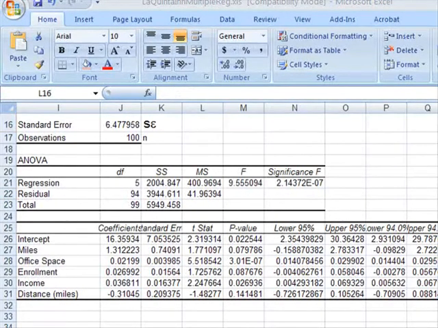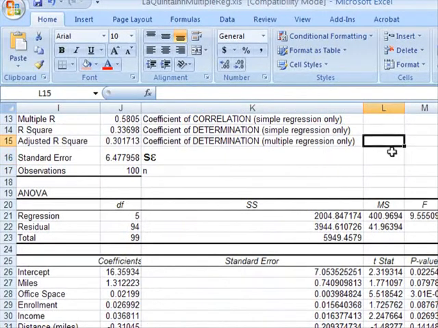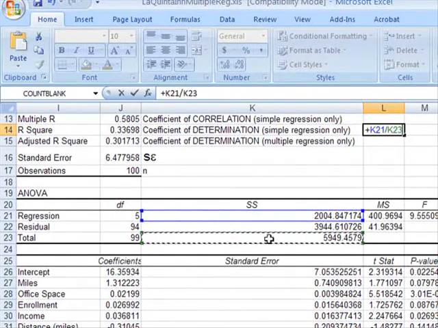As it is important to know the R square, remember the R square, the coefficient of determination? The way I get my R square is by doing the sum of squares for the regression, SSTR, divided by the sum of squares of the total. Why?